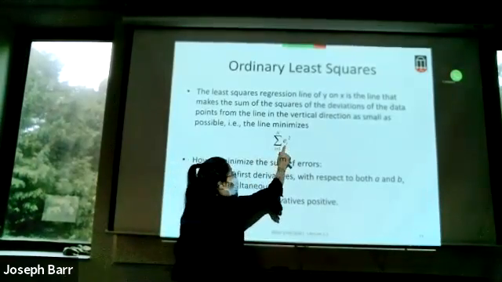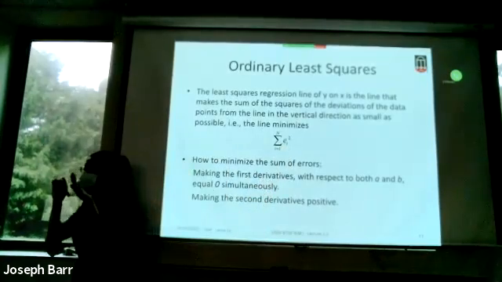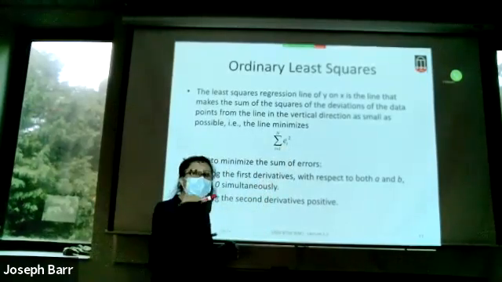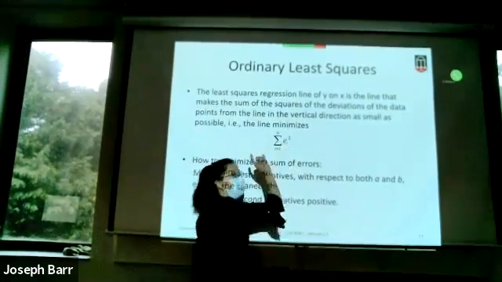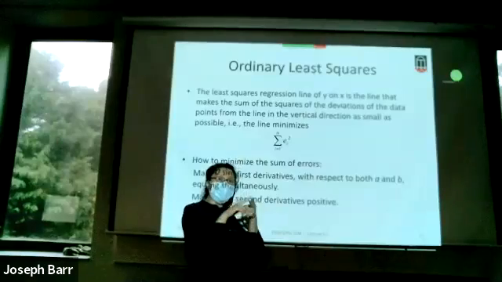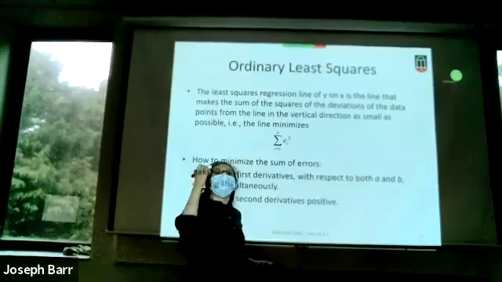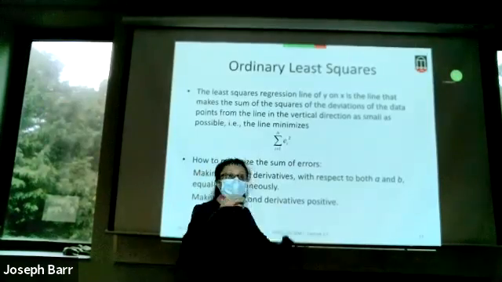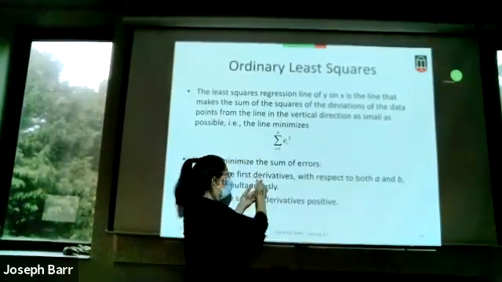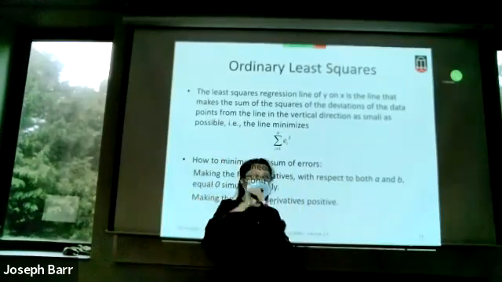Here, the residual is the observed y minus the expected y, so we have two parameters in this form, A and B. We take the first derivative with respect to A and make it 0, one equation.